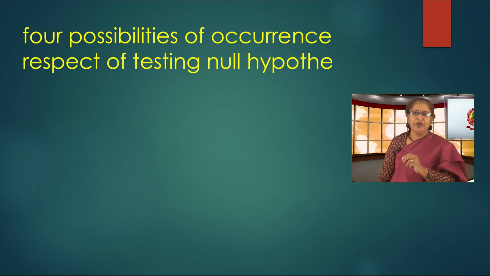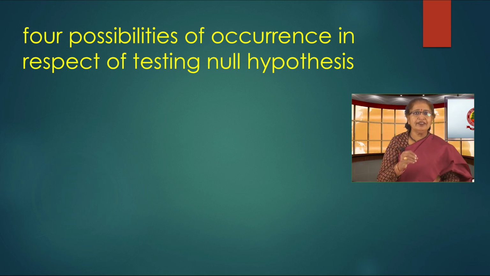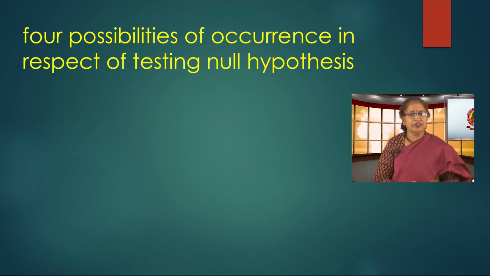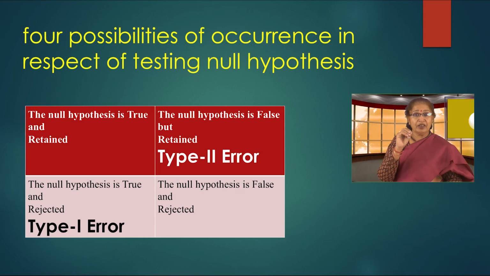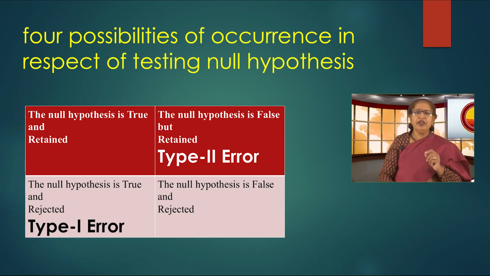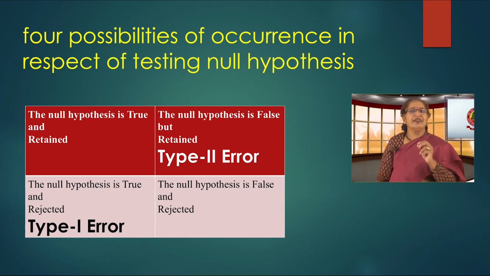In this way, there are four possibilities of occurrence in respect of testing the null hypothesis. You may see these possibilities on the screen, shown in the form of a table. Two of them are correct decisions, whereas the other two are not because of the error in the results.